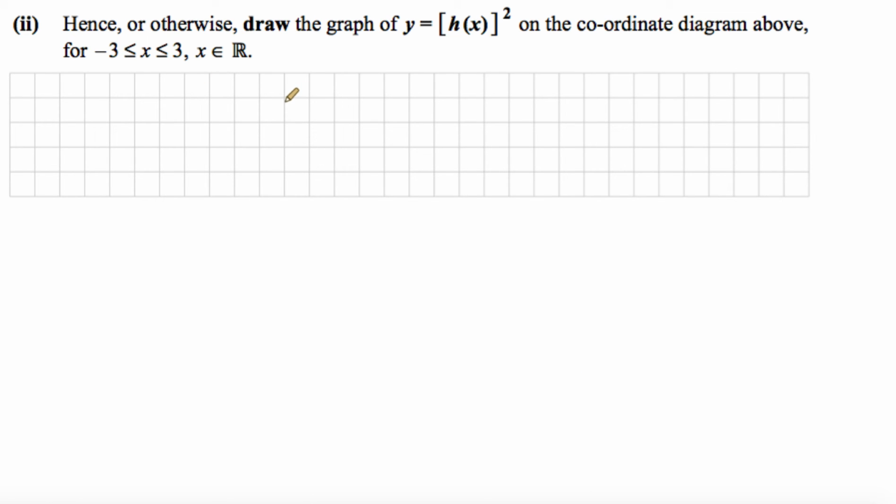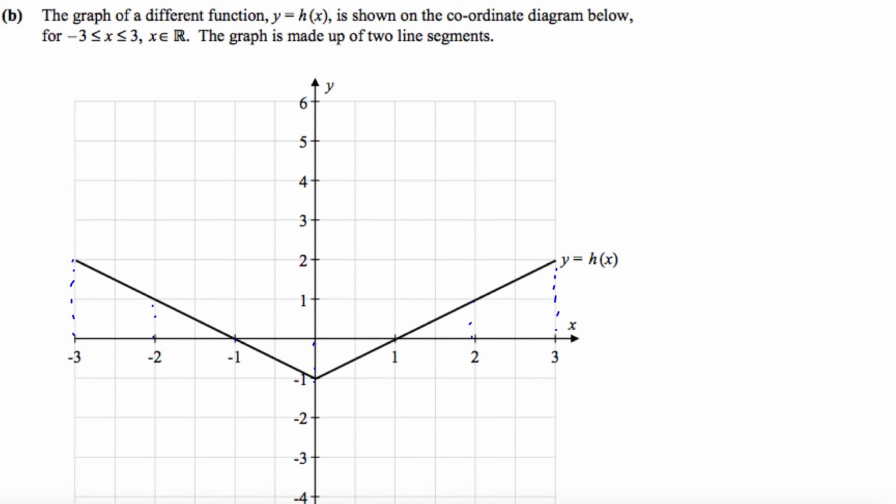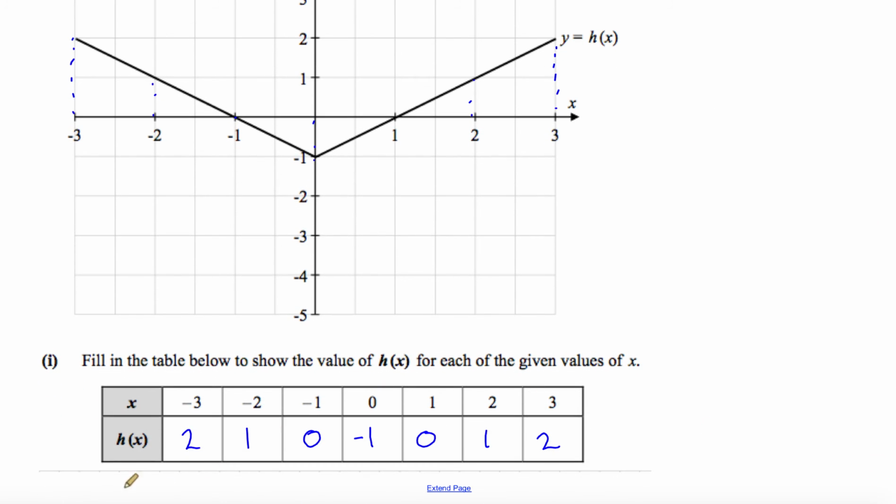Part 2 says, hence or otherwise, draw the graph of y is equal to h of x all squared on the coordinate diagram above, again in the same domain. So we're looking for y is equal to h of x all squared. The easiest way to do this would be to add another column, h of x all squared.